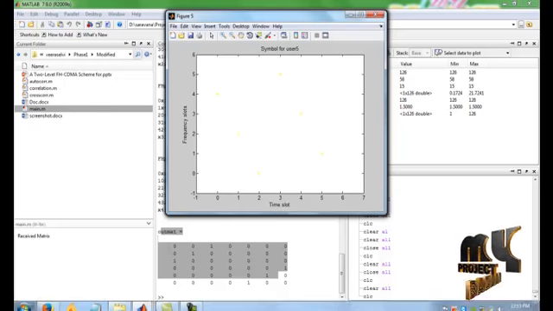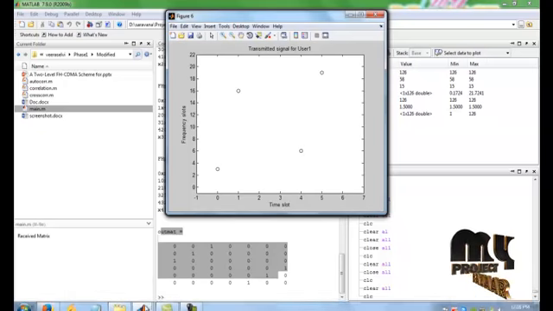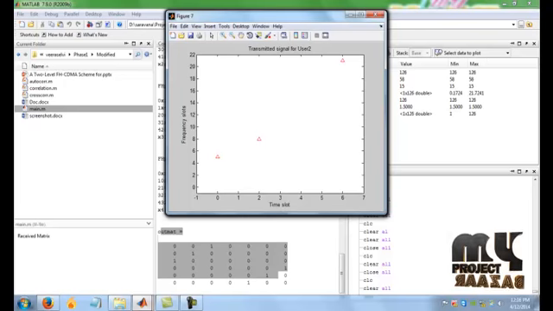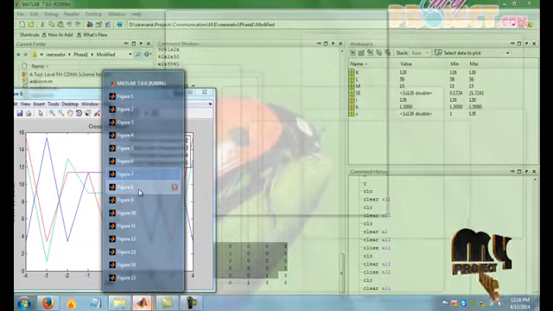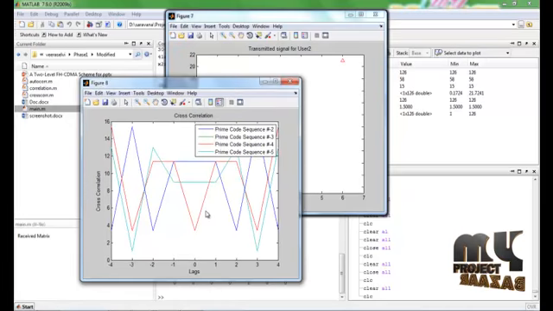After that, figure 6 shows the transmitted signal for user 1, figure 7 shows the transmitted signal for user 2, and figure 8 shows the transmitted signal for user 3. This is a cross correlation for the prime codes of the remaining sequence.